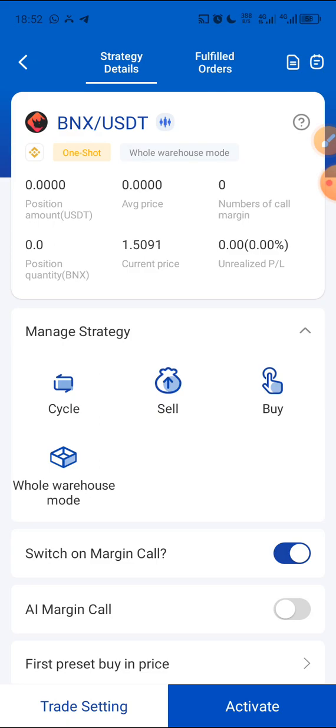Why am I teaching you this? Because we are in a market which is not very good, with a lot of dipping. So I don't want you to put your money into the market anyhow.